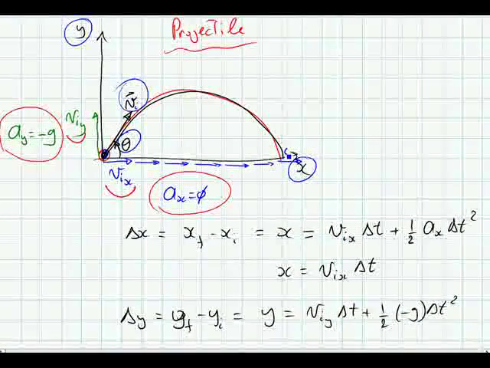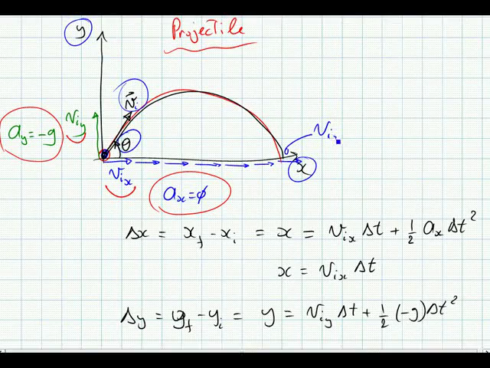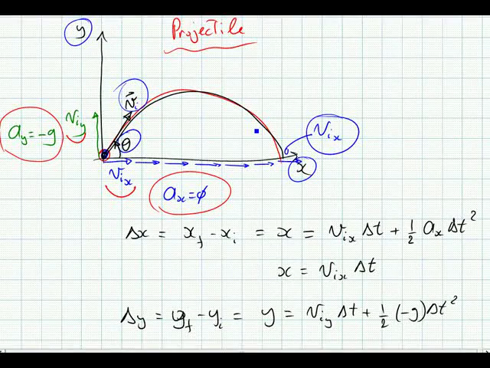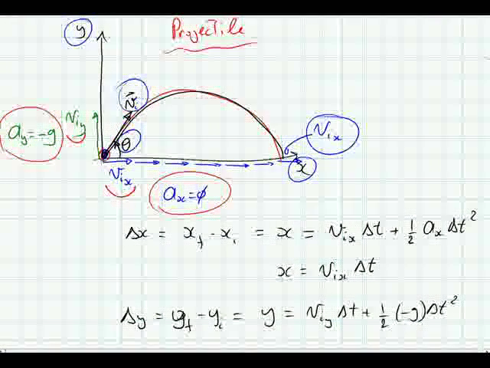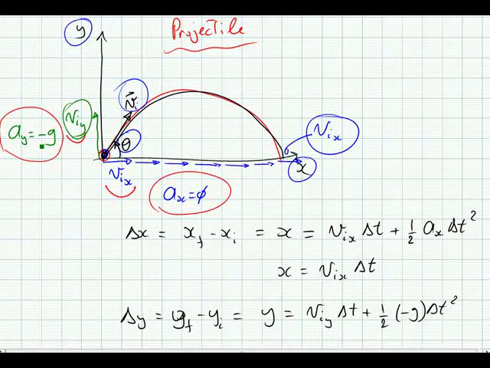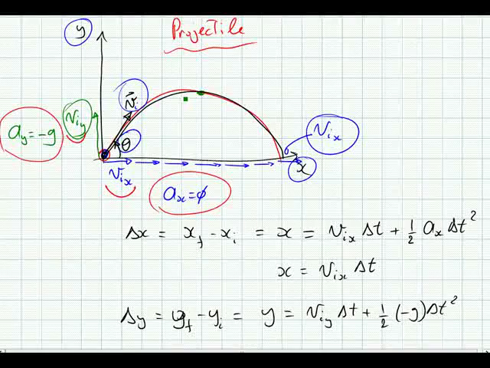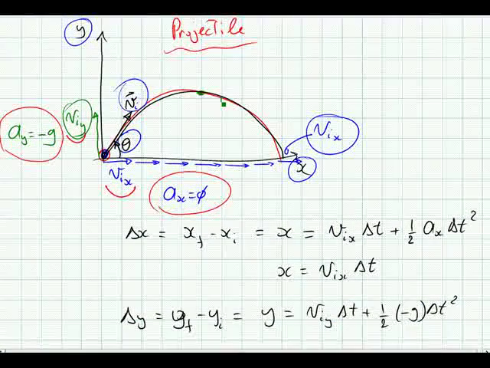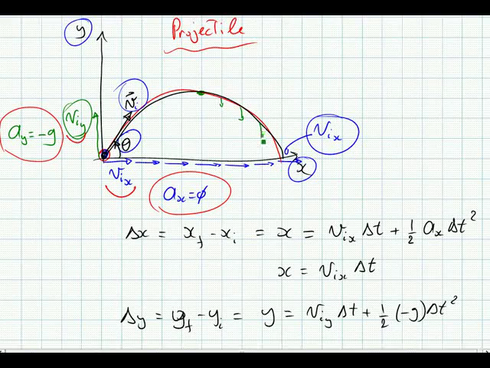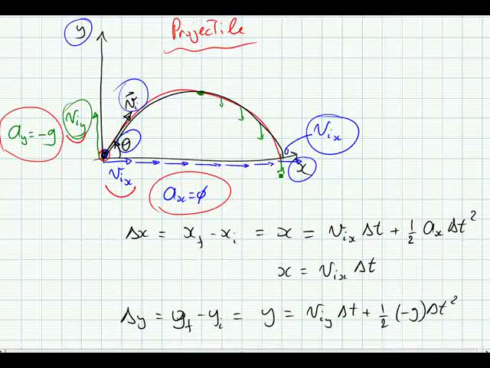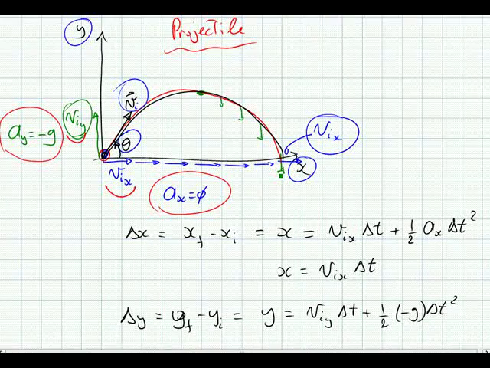So the velocity along the x-axis is equal to v_ix, whereas the velocity along the y-axis starts at v_iy, I'm sorry, it doesn't start at 0, and then gets smaller and smaller in magnitude till it is 0 at the peak of the trajectory, and then of course switches sign and gets larger and larger in magnitude, but in the reverse direction towards the ground this time, till we have impact with the ground.